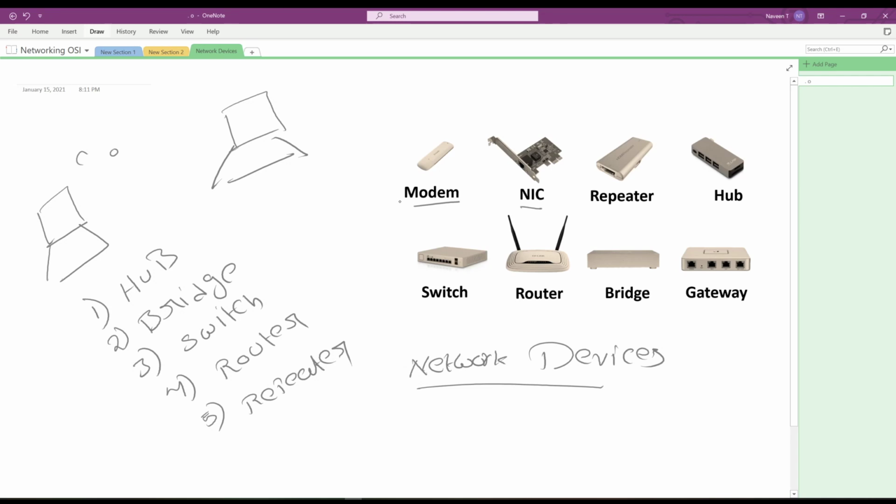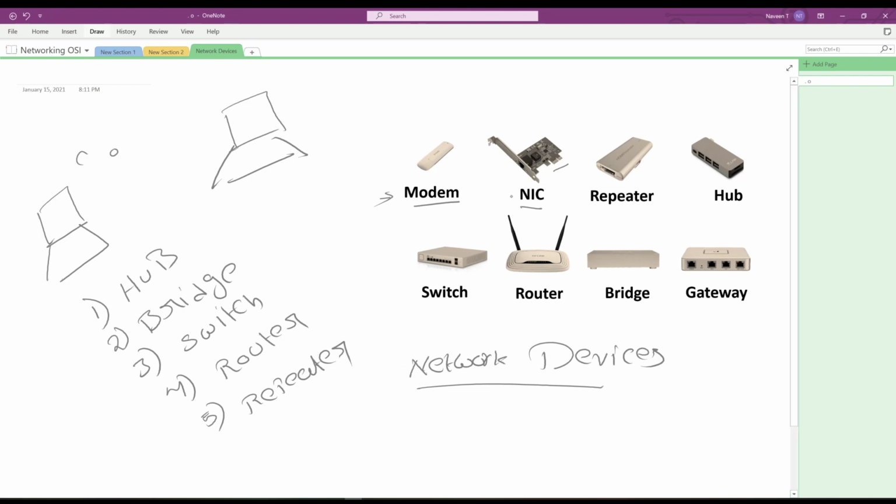Let's say you want a new Ethernet port, you would insert a network card into one of the PCI slots, PCI Express 16 or PCI Express 1. And the modem, which we used to use in olden days, is a modulator and demodulator; it converts the signals it receives from one medium to another, that is, digital.